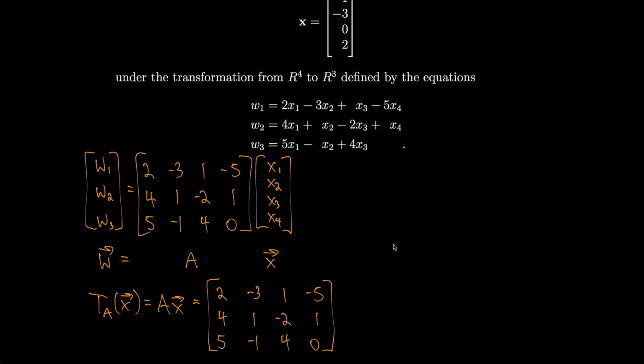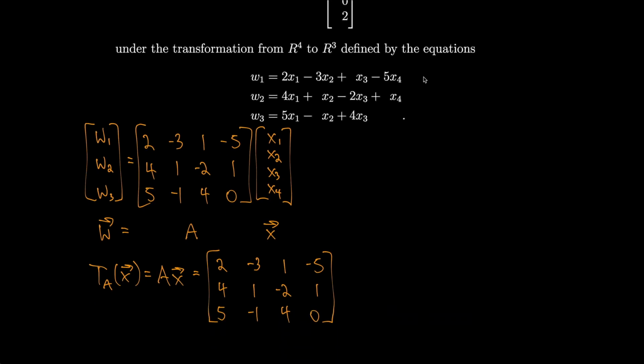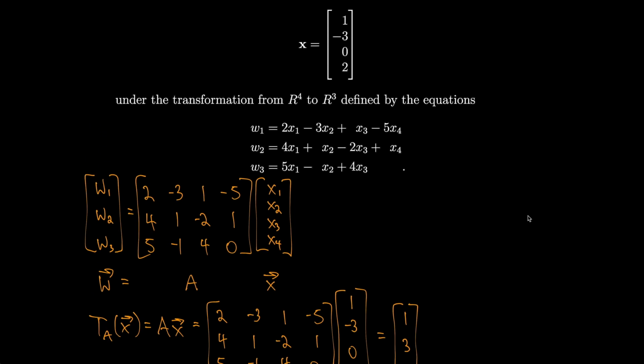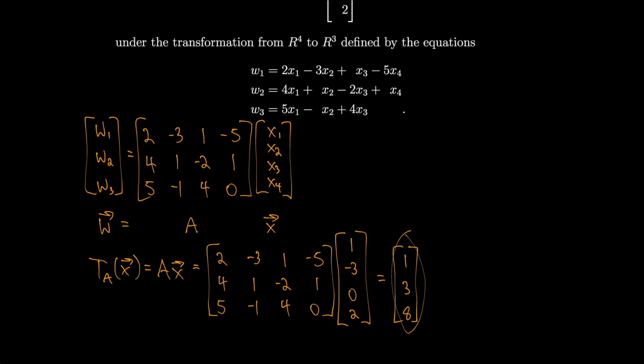And the x they gave us was 1, minus 3, 0, 2. So that's what we'll sub in over here. 1, minus 3, 0, 2. And we'll perform the multiplication, and we should get 1, 3, 8, which is the image of x under this transformation. Notice it takes you from 4 entries, R4, to 3 entries in R3.